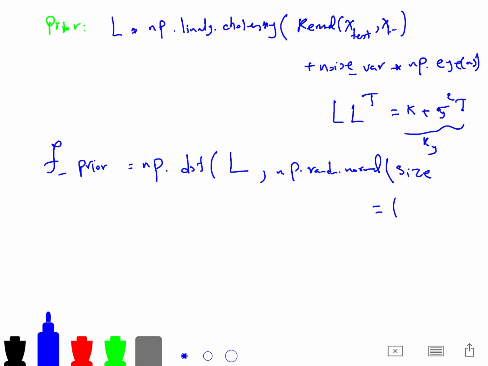It says that I need n by n sample, and so for example your prior could be n times n sample.